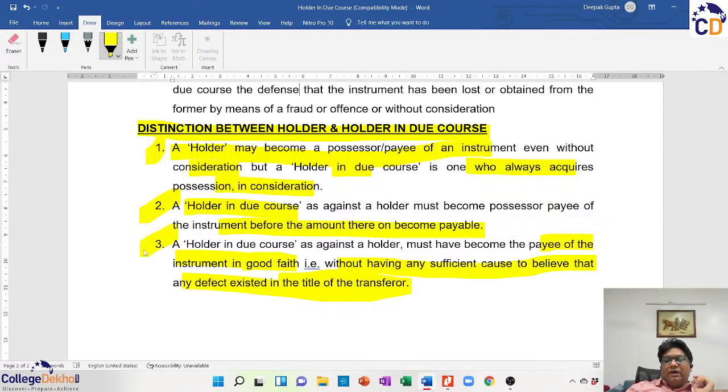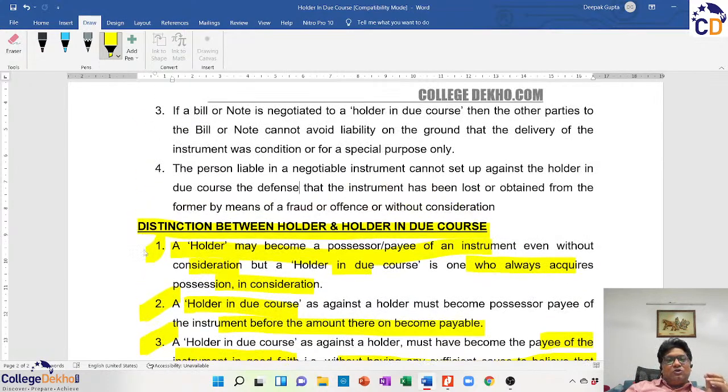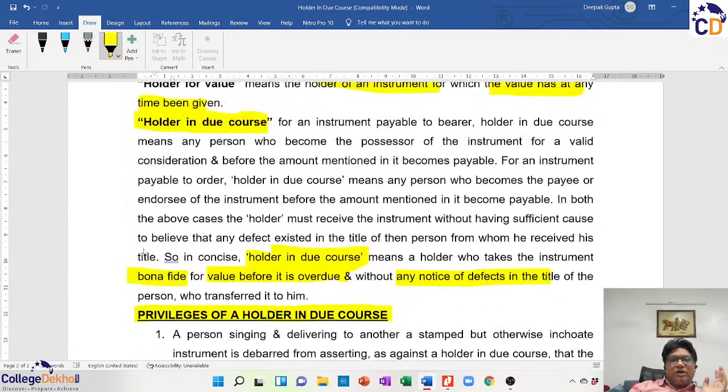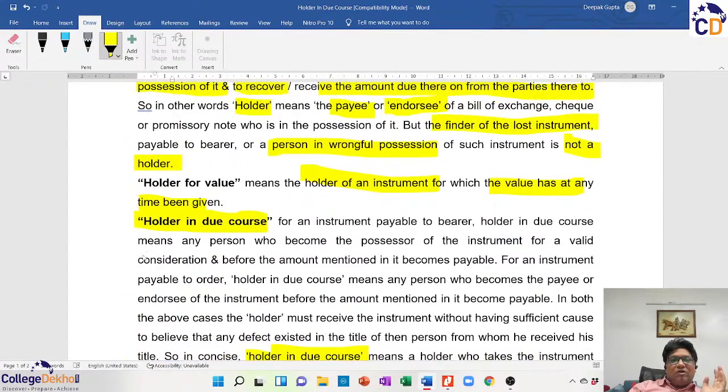So if you see clearly, जिन तीन बातों पे स्ट्रेस करके होल्डर इन ड्यू कोर्स बनाया गया है, और वो तीनों में से अगर कुछ भी लैक होता है तो ही बिकम्स अ होल्डर. तो जो कैरेक्टरिस्टिक्स हैं होल्डर इन ड्यू कोर्स की, वही प्राइमरी डिफरेंस है होल्डर और होल्डर इन ड्यू कोर्स के बीच में.